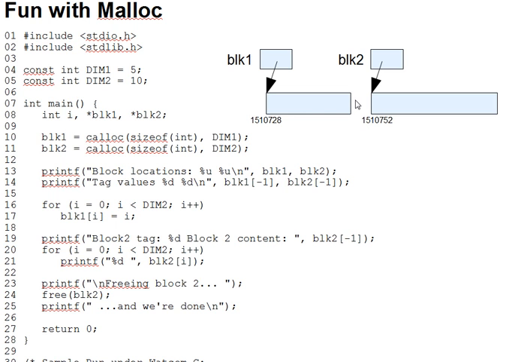So apparently there's some extra space in here. And what is that extra space? It's a 4-byte value that hangs out, if you will, just before the start of the second block. Right in there. And there's another one just like it, in fact, before the first block as well.